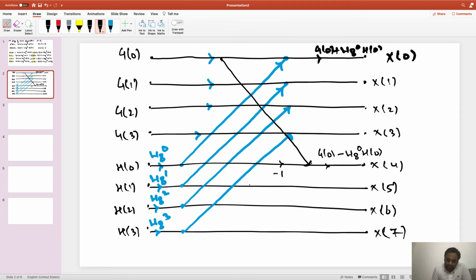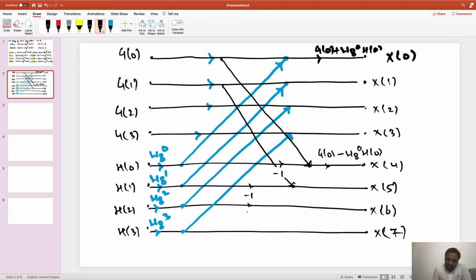Similarly, we could have a -1 here, and this would come here and get added here. So this will give me X5.